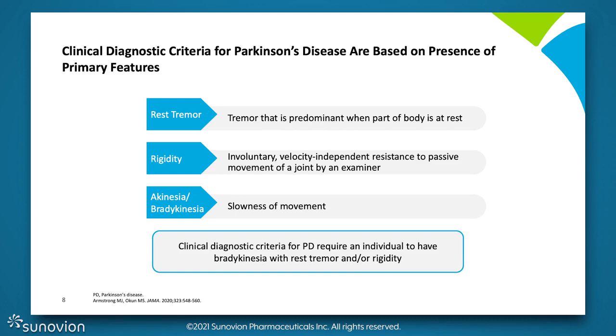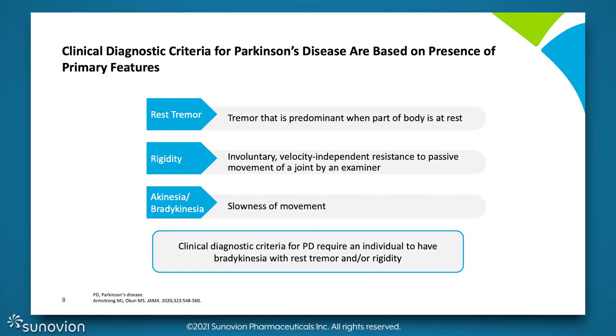The second cardinal feature, diagnostic feature, is rigidity. Now, rigidity is a finding on examination. So this is something the physician or nurse practitioner or nurse will feel on the exam. This is an involuntary velocity-independent resistance to passive movement of a joint.